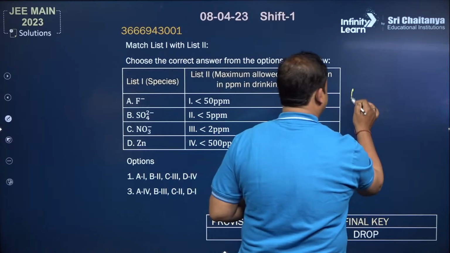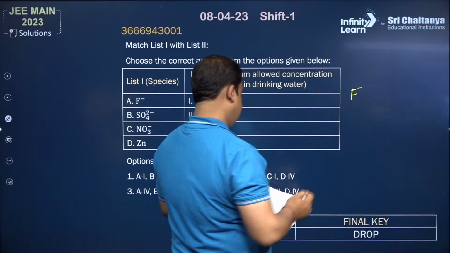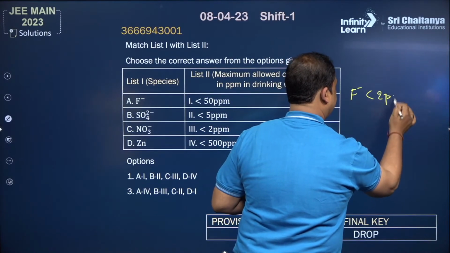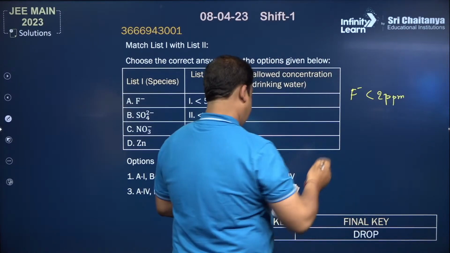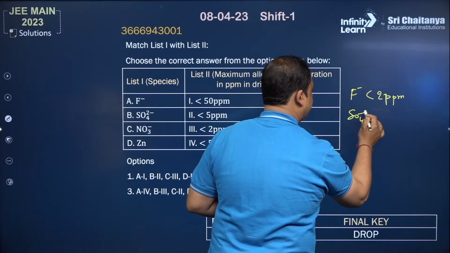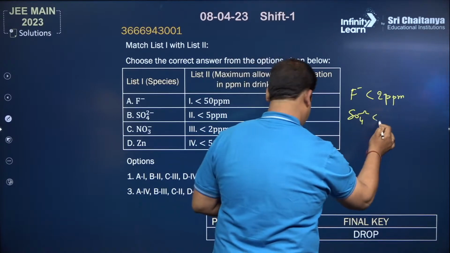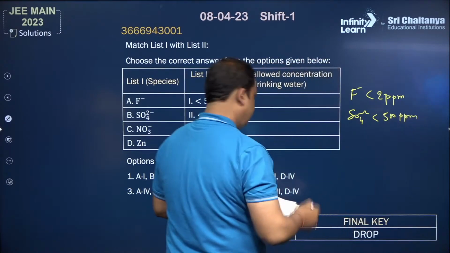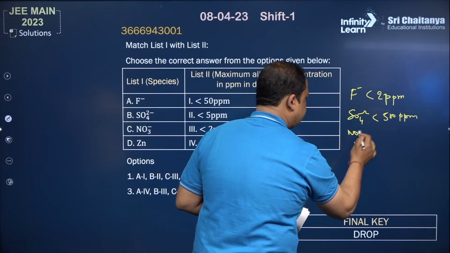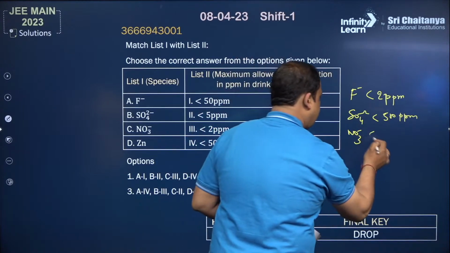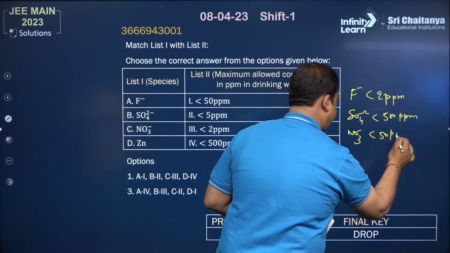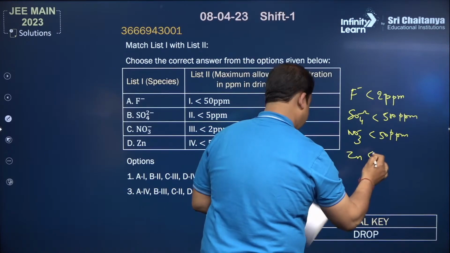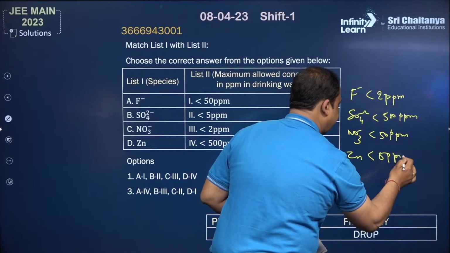For fluoride, F minus, it should be less than 2 ppm, and for sulfate, its value should be less than 500 ppm, and for nitrate, this should be less than 50 ppm, and for zinc, this should be less than 5 ppm.